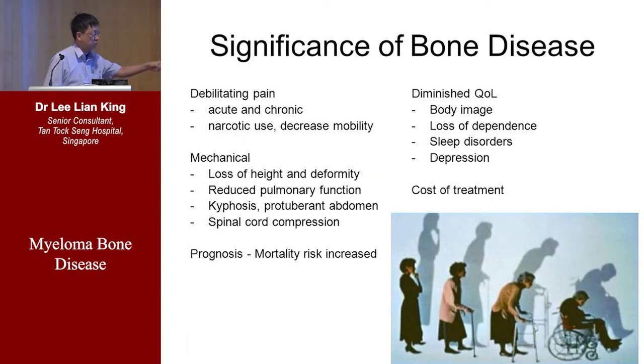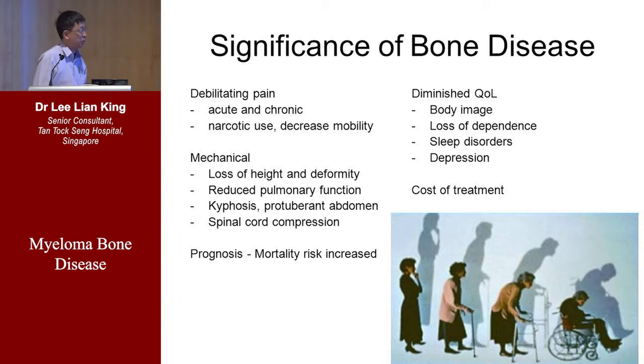Now, the picture below shows what we saw many, many years ago when I was in my training years in the 90s. A lot of myeloma patients ended up in a wheelchair, with pain everywhere, and we were used to prescribing morphine or strong painkillers, which nowadays we use a lot less compared to years ago.